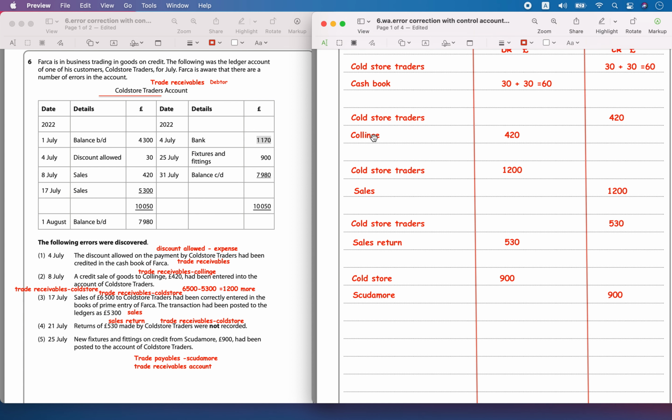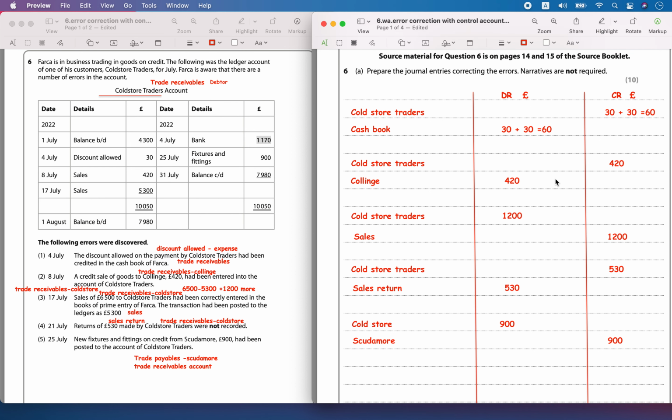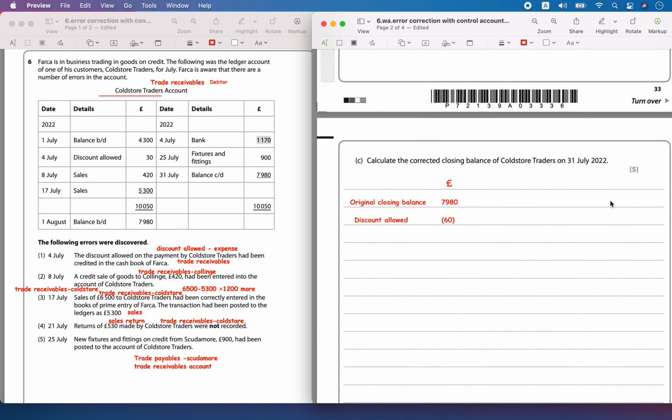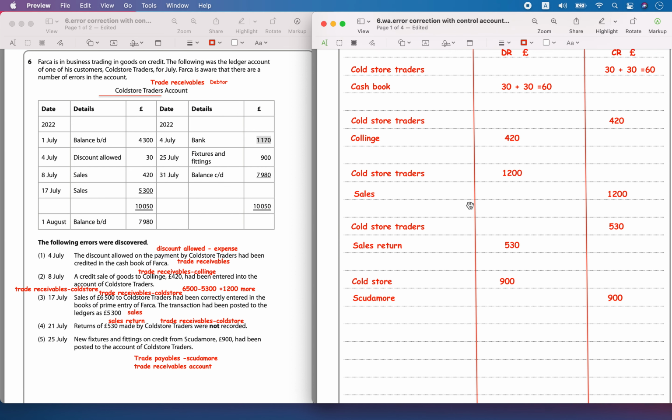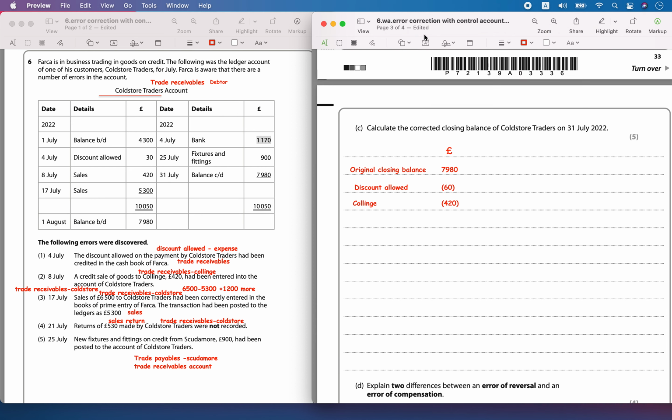The next one was for the college account. This was also a credit entry, so I'm going to subtract 420. And then you had sales, which was on the debit side, 1200, so you will add the sales.